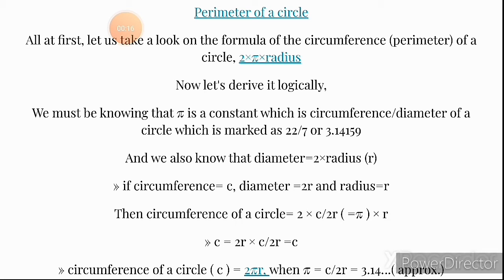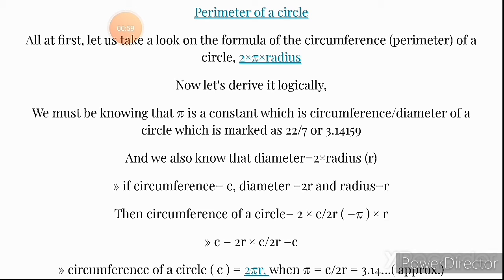For further information, let me tell you that the value of pi was found by our proud mathematician and the greatest ever mathematician of India, Aryabhatta. Now we know that diameter is equal to 2 into radius, which is 2r. Now if circumference is c, diameter is 2r and radius is r, then what will be the value of circumference in our variables? 2 into circumference by 2r, which is equal to pi, which is circumference by diameter.